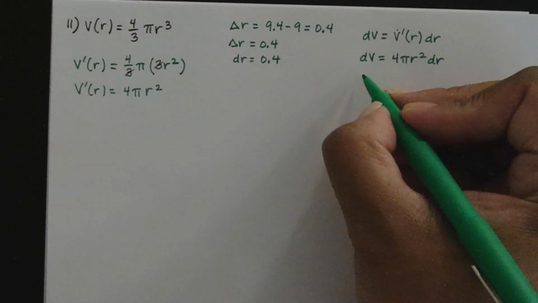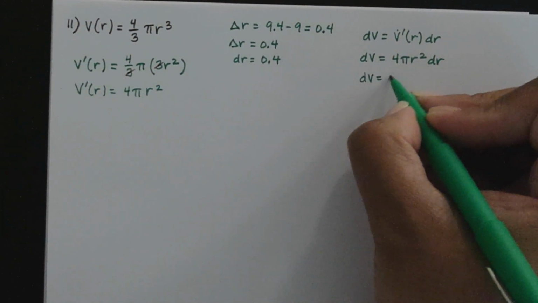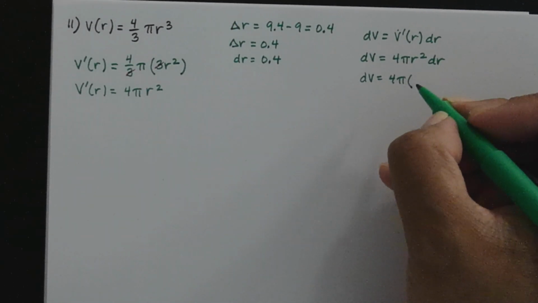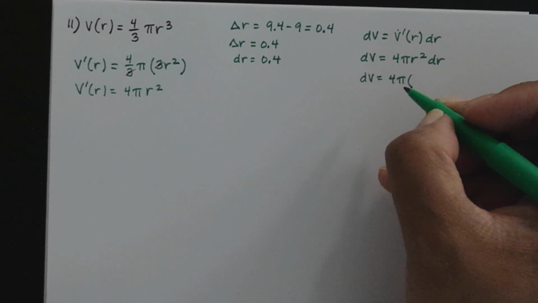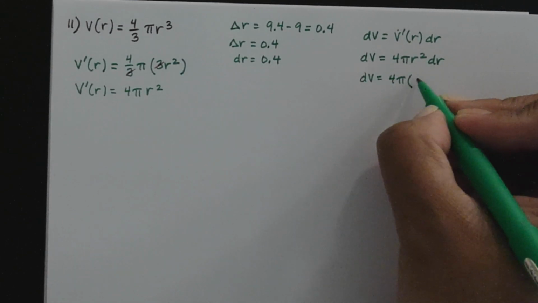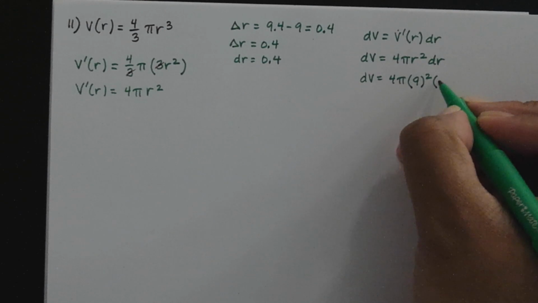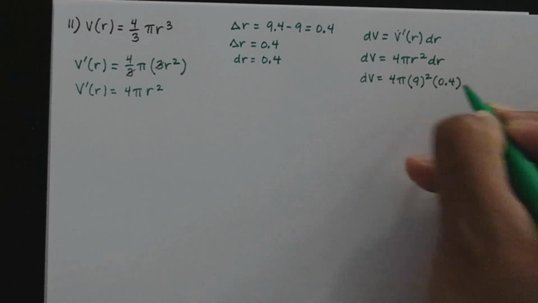And then we just do substitution here. It'd be 4 pi times the radius. The radius was given to be 9, and that's squared. dr will be 0.4.